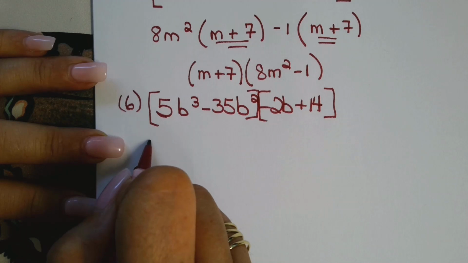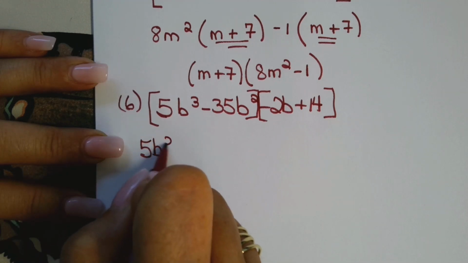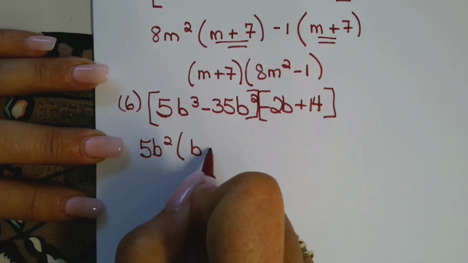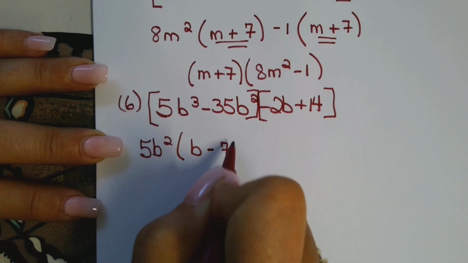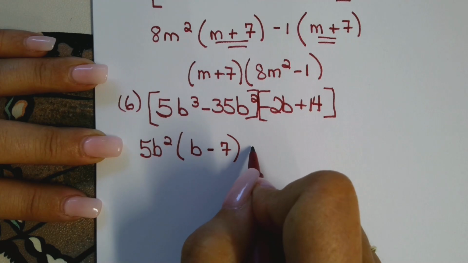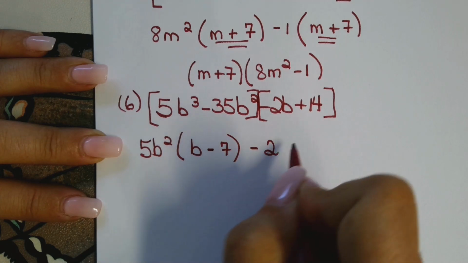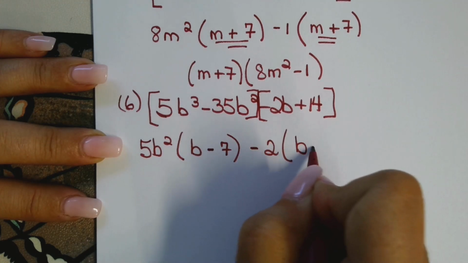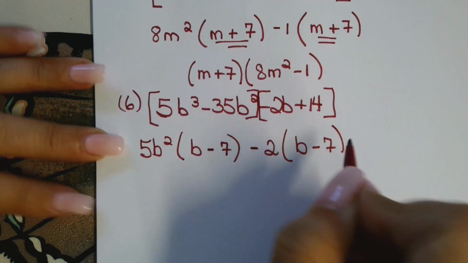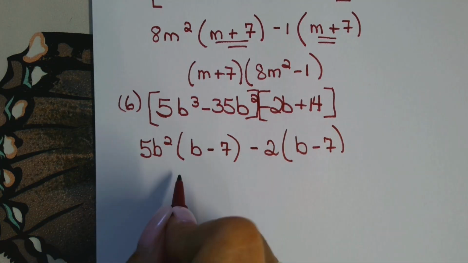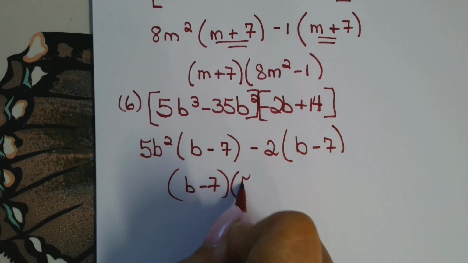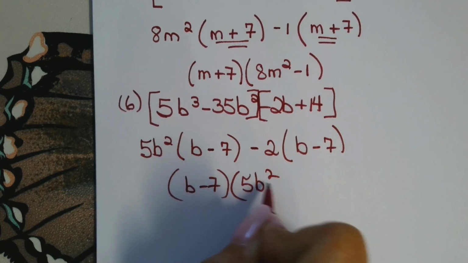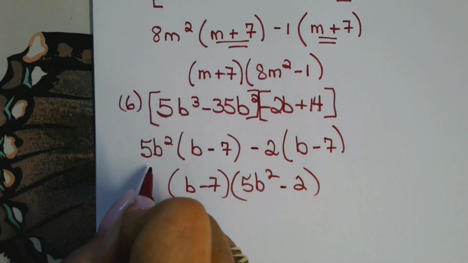We're going to pull out a 5b squared, and I'm going to be left with b minus 7. And then over here, I'm going to pull out a negative 2, and I'm going to be left with b minus 7. And that is going to give me b minus 7. And once again, 5b squared minus 2 is what's left over.